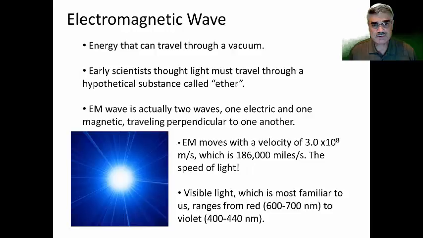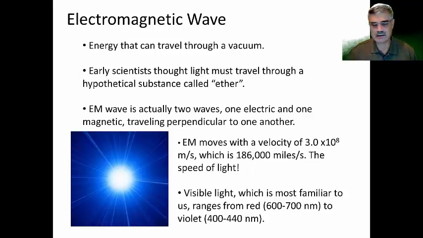We will see in a few slides the entire electromagnetic spectrum. The region of the electromagnetic spectrum that we focus on is what we call visible light. It's what we can see. And it turns out that visible light ranges from red light, which is the longest wavelength, 600 to 700 nanometers, to the shortest violet or blue, which is around 400 nanometers.